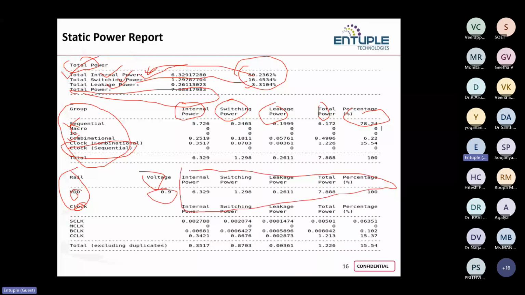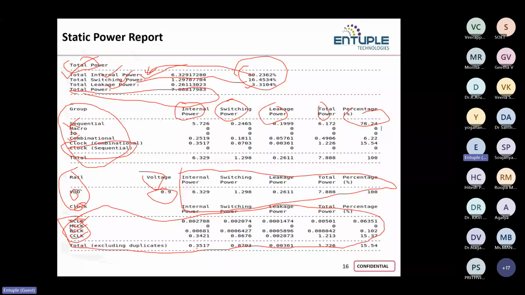Down below you see individual signals. Let's say in your design you have a slave clock, master clock, block clock, or a clustered clock. So four different clock paths are there, and for each clock you can measure how much it is contributing. That detail you will also find.